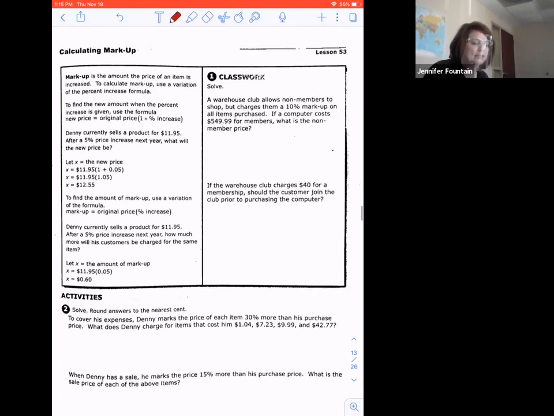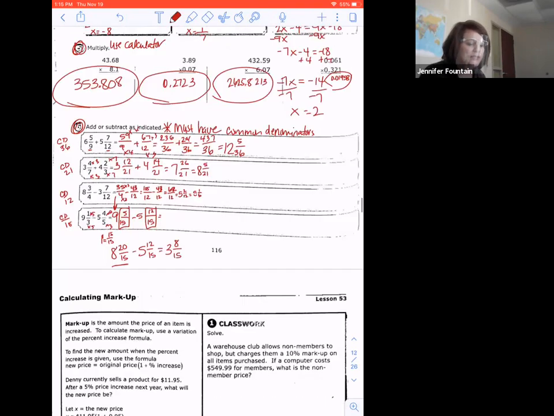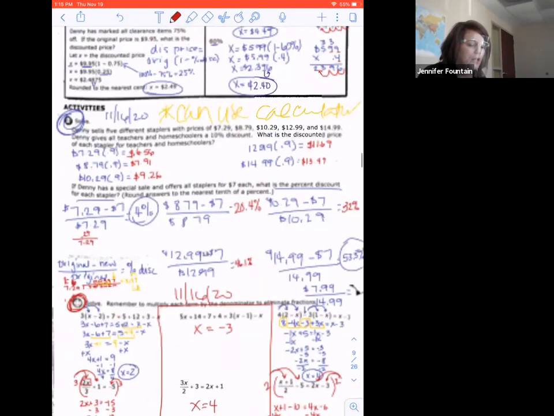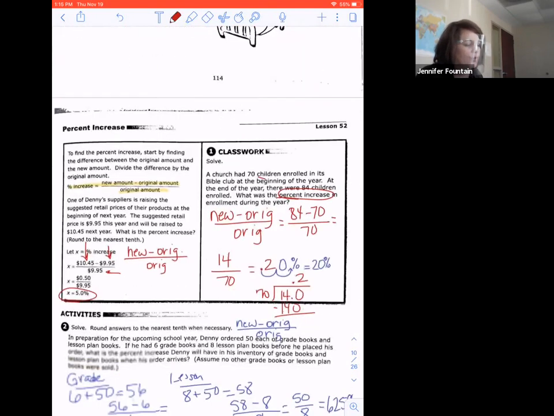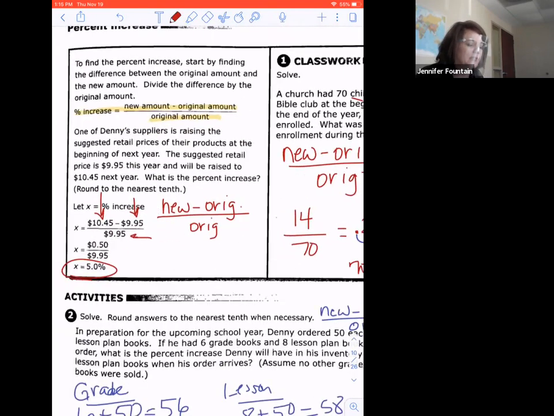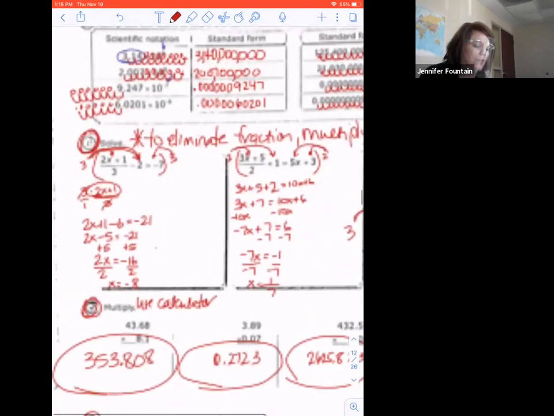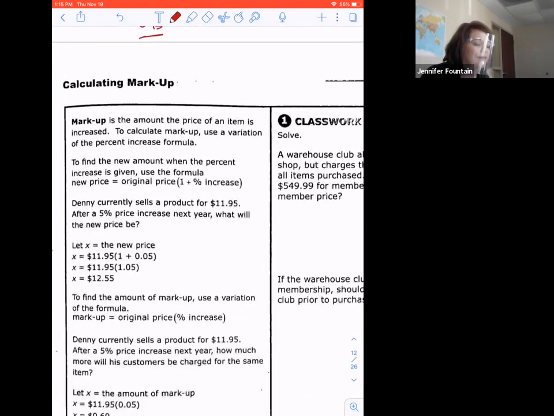So when we looked at discounts and sale prices, we looked at percent decrease, and now we look at percent increase. When we go to the real life aspect of it, this is calculating markup. So an increase is involved when we have to mark an item up.